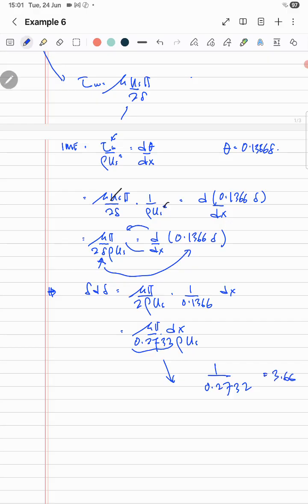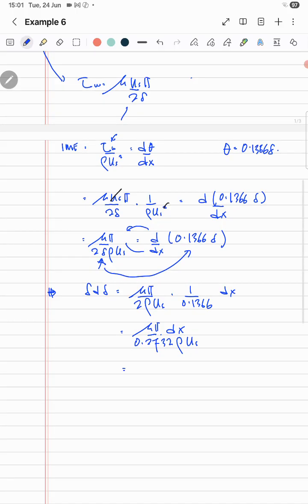So we can write this as 3.66 μπ dx over ρU∞.